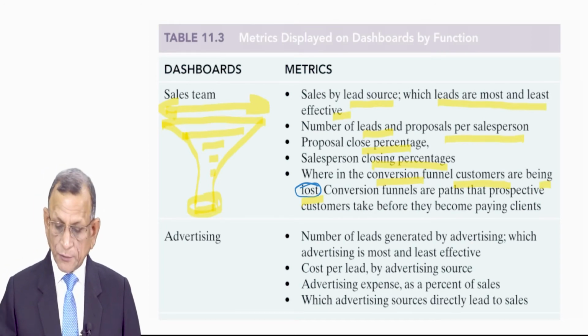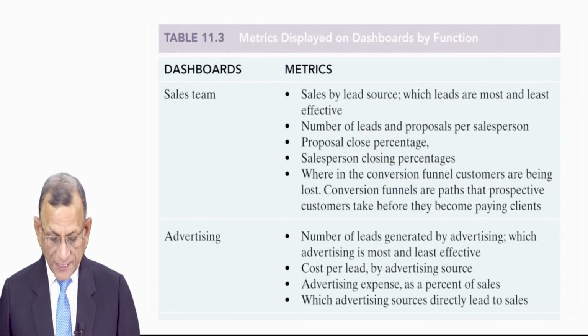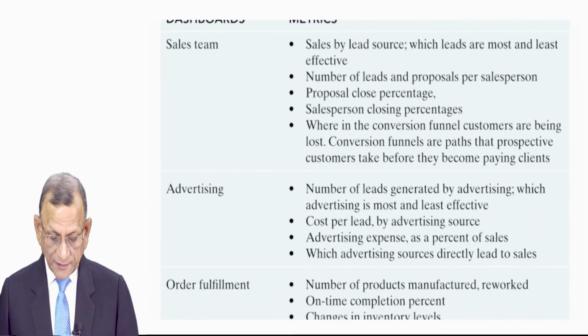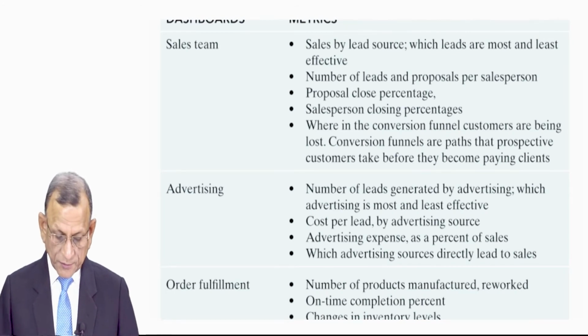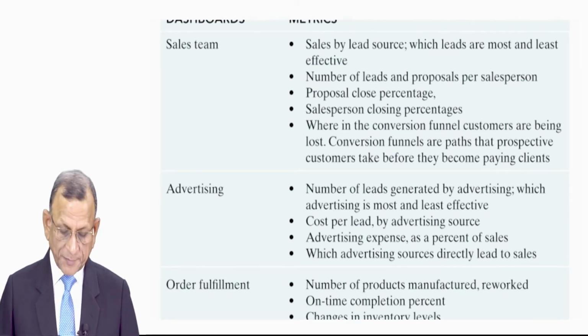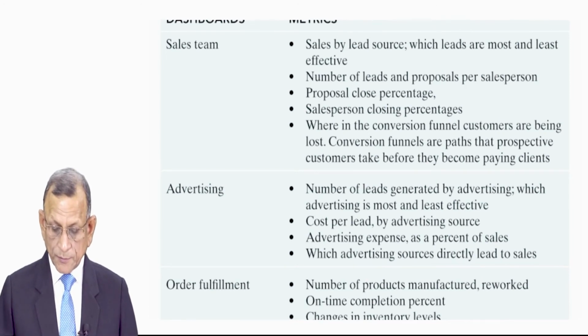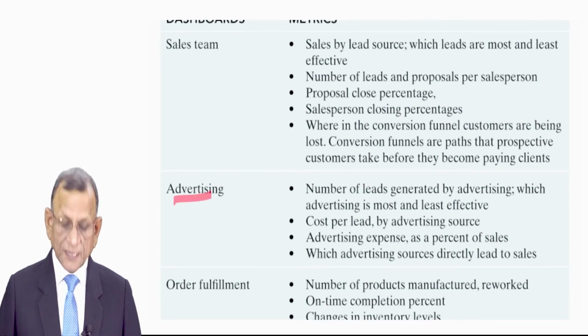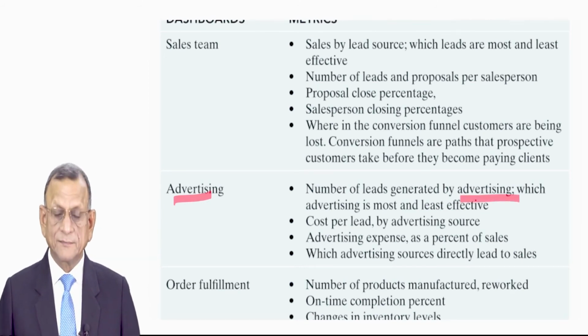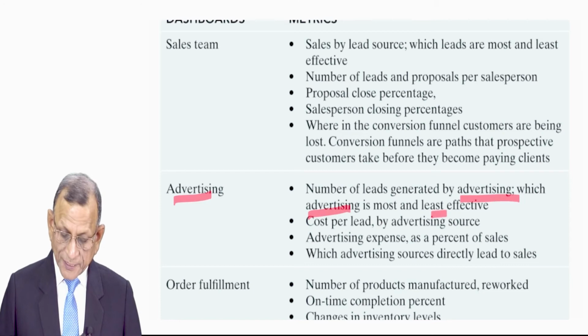This is something related to sales teams. Now friends, we have advertising. In the case of advertising, we may also work with certain parameters. The KPIs we may like to look at in advertising are the number of leads generated by advertising. Which advertising is most and least effective?